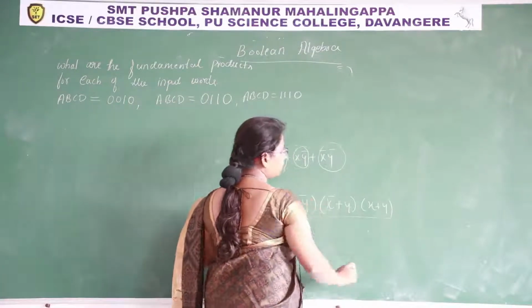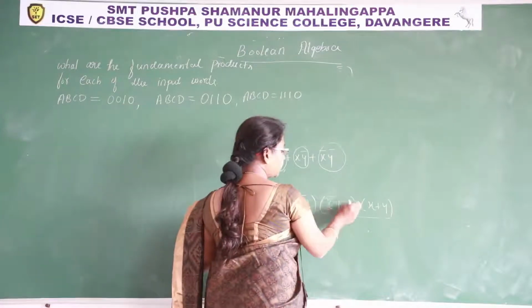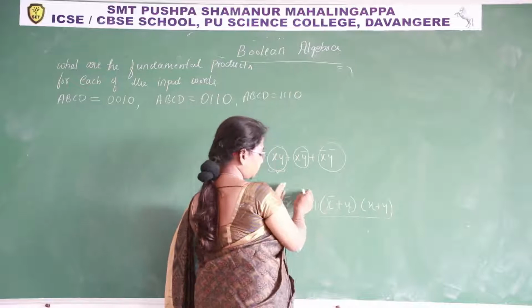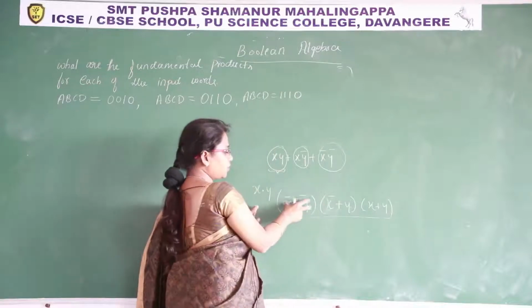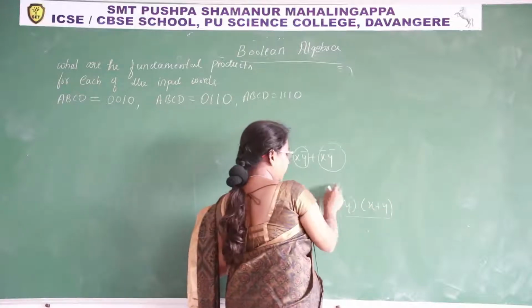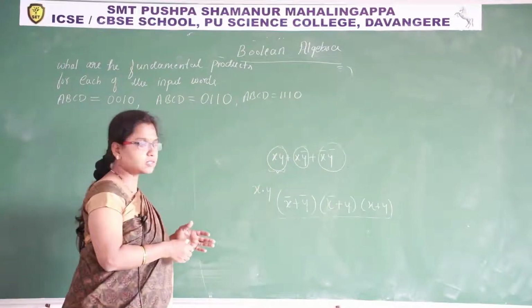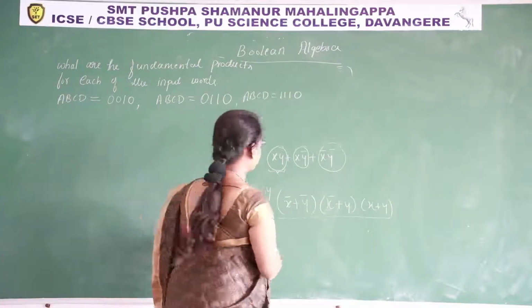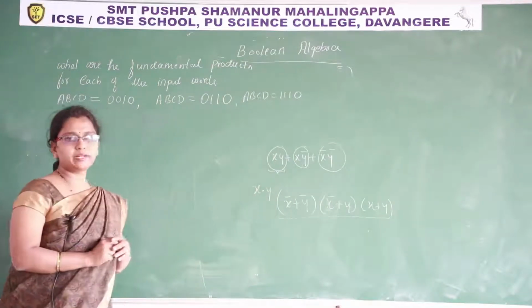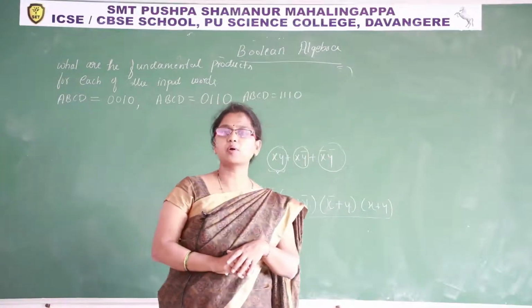So it is called product of sum. See here, product of sum terms. So this is a sum of these two variables, and it is a sum. And the whole expression would be a product of these sums. This is called POS, product of sum. So if you consider any Boolean expression, it must be either sum of product or product of sum.